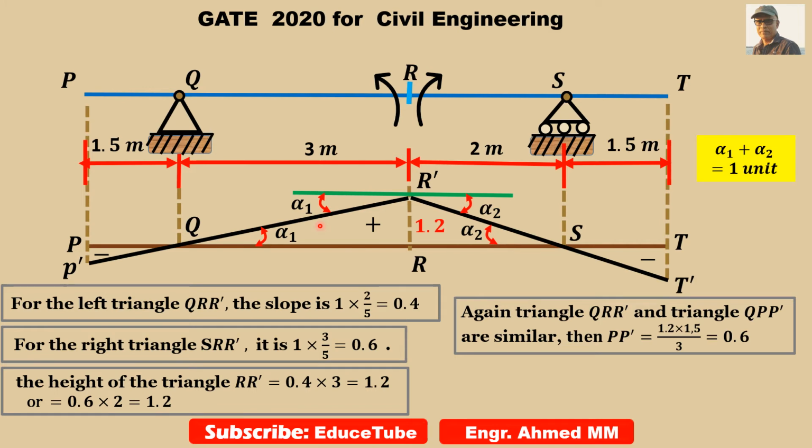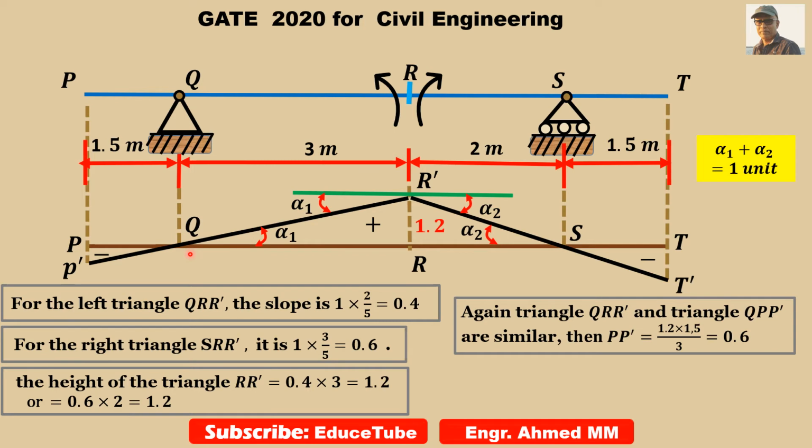So once we find that it is similar triangles, surely we can write the ratio: 1.2 divided by PP' equals this 3 meter divided by 1.5 meter.